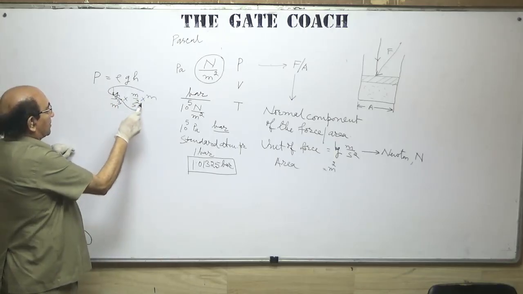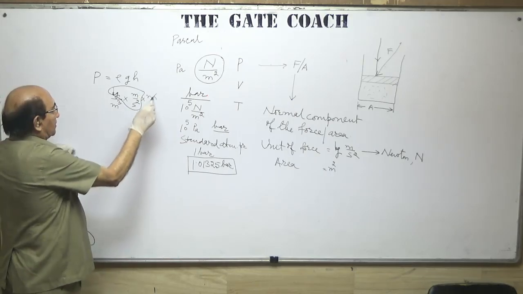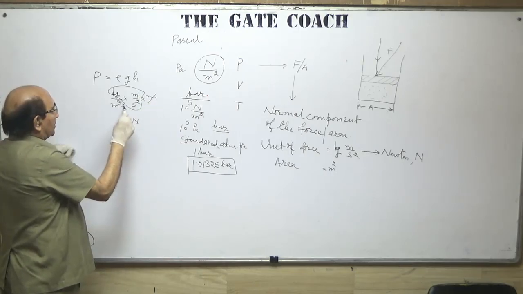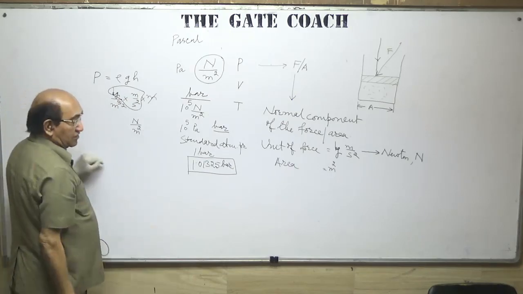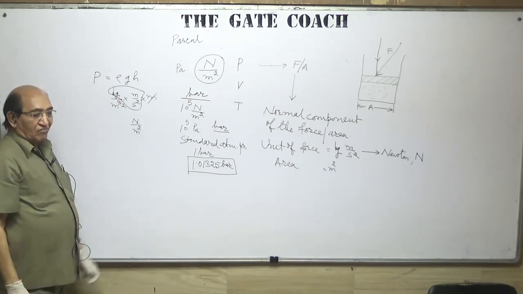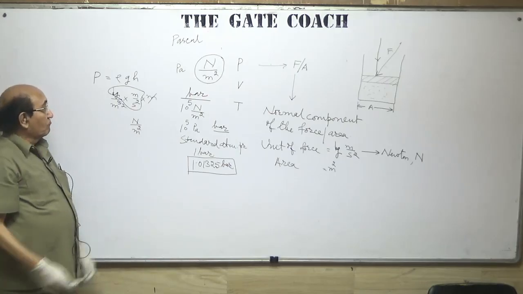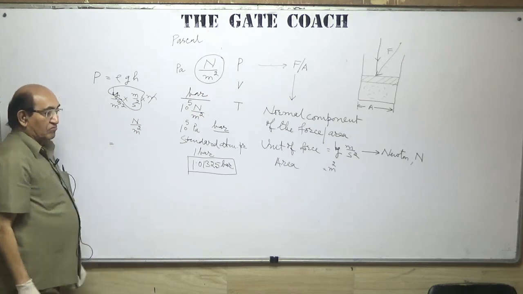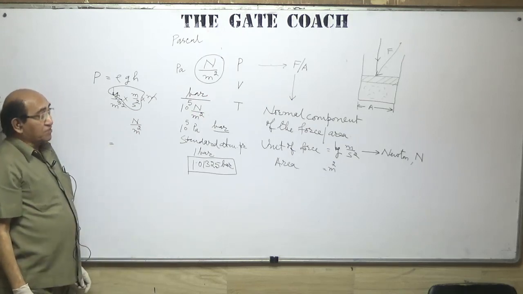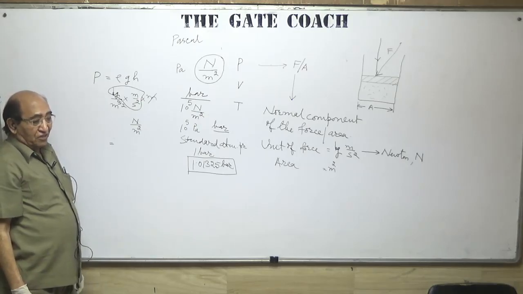Kg meter per second square is Newton. This is meter square, it becomes Newton per meter square. So we are getting units all right. Just writing this expression rho g h is not enough.